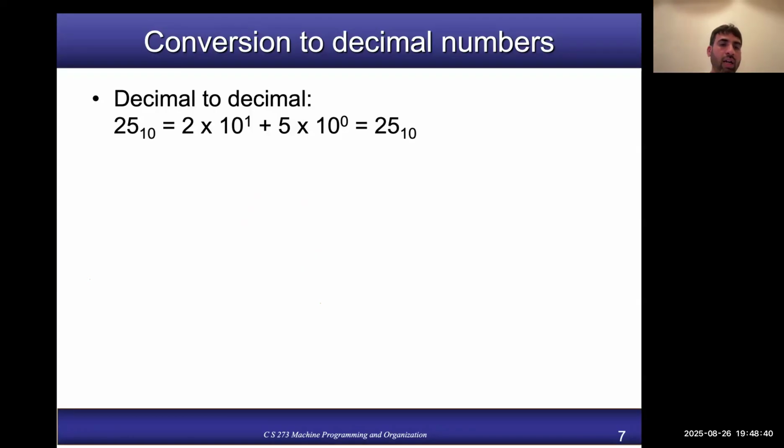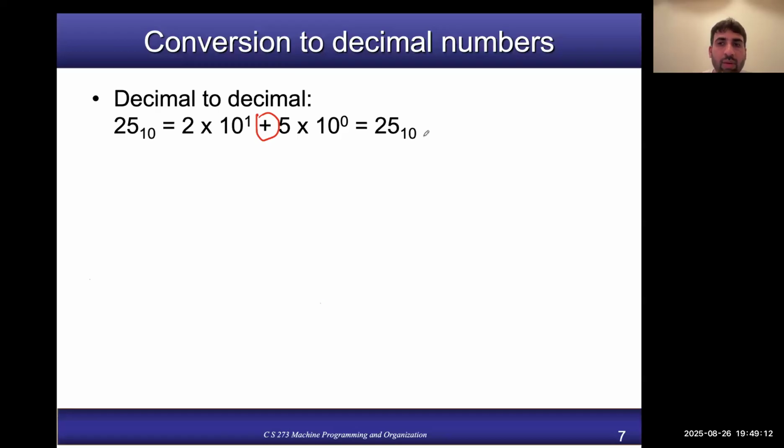Basically, for every digit starting from the right, we multiply it by an increasing power of 10. For example, we multiply 5 by 10 raised to the power 0, and we multiply 2 by 10 raised to the power 1, and then we add their products. So here, I can simply add the products, and it becomes equal to 25.